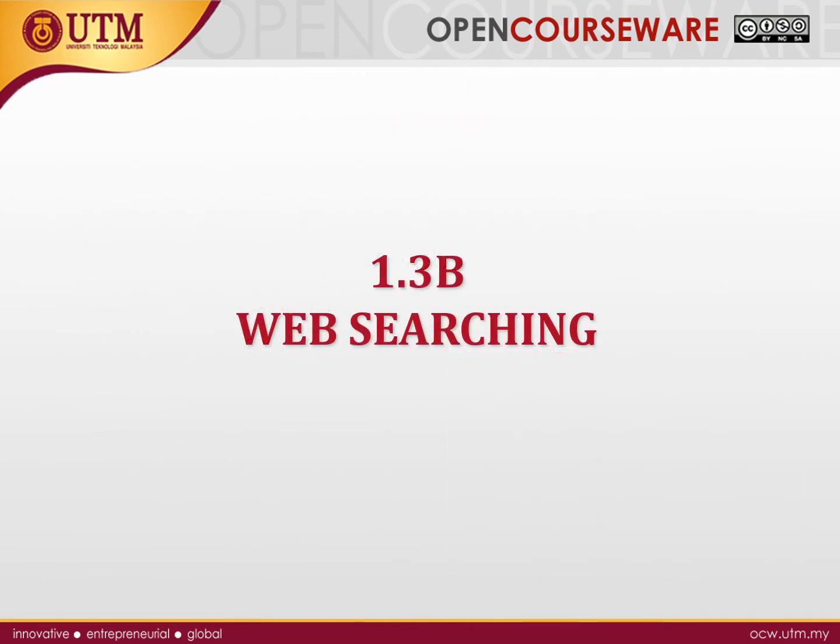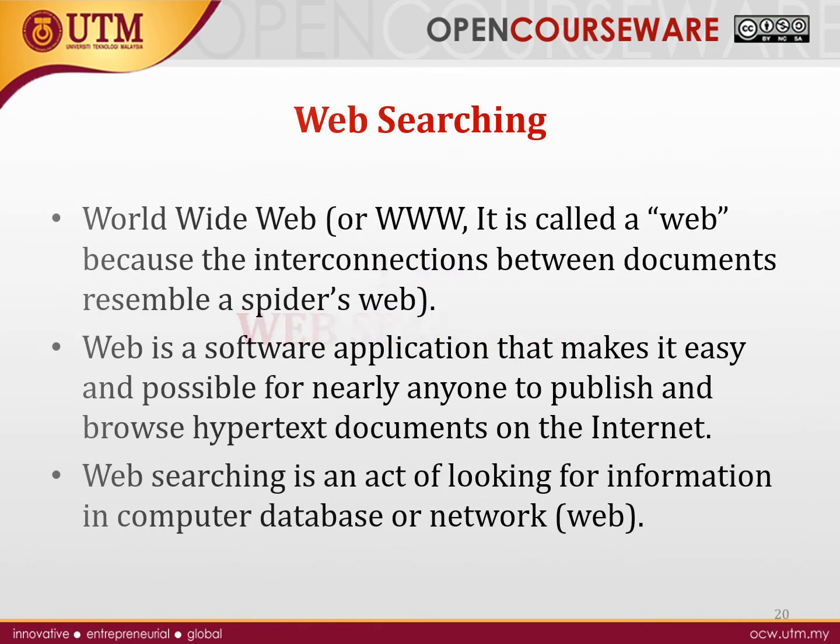All right, so let's see how we do web searching and what web searching means. In order for us to do web searching, we need to use the web itself. Why is it called the web, www? Because of the interconnections between documents that resemble a spider's web.